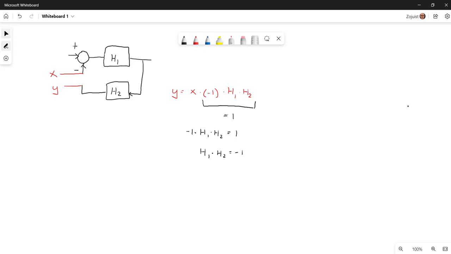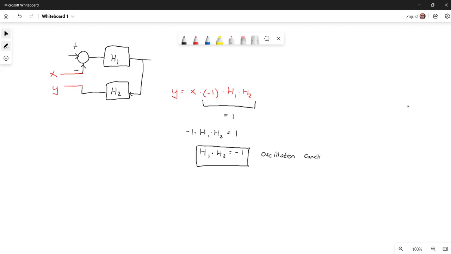When that is the case, then a frequency which meets this condition, which is the oscillation condition, keeps on oscillating in that feedback loop. So this is what we call the oscillation condition or the oscillation criterion.